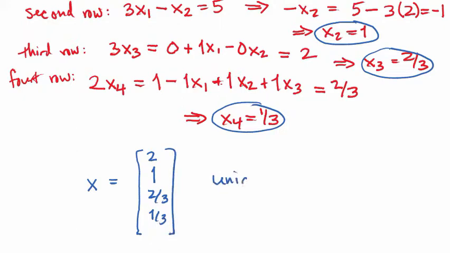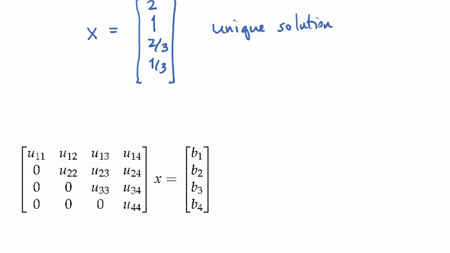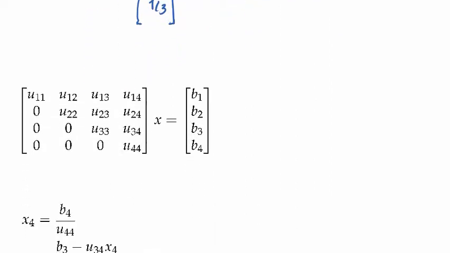And that is in fact the unique solution, which you can easily check. So that's the solution of a lower triangular system. Here's another system, 4x4, which is upper triangular.